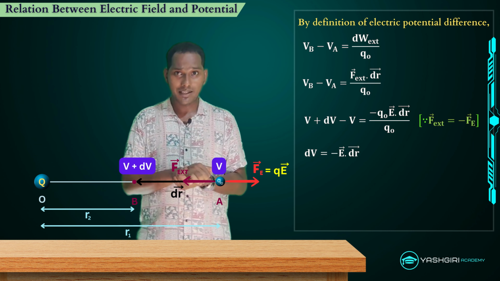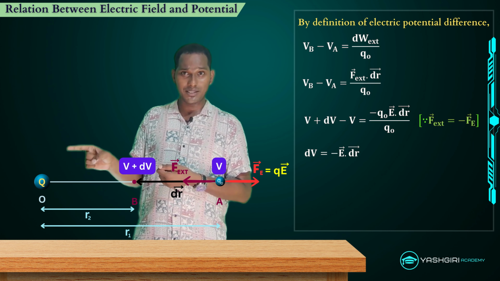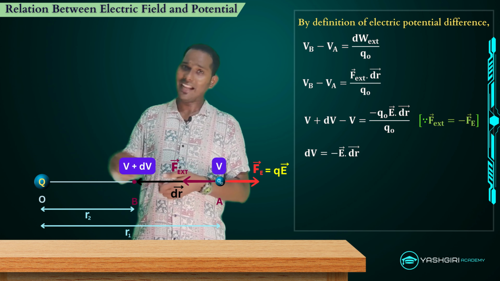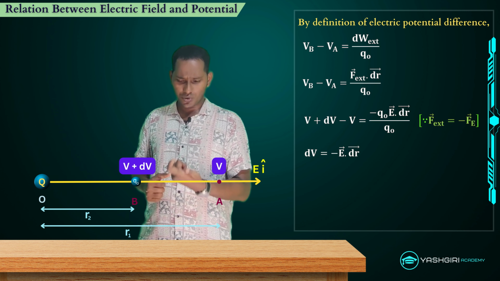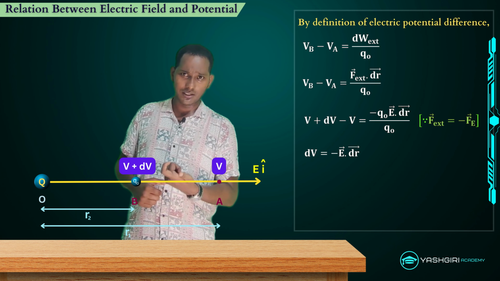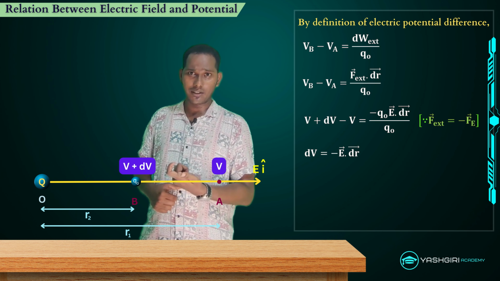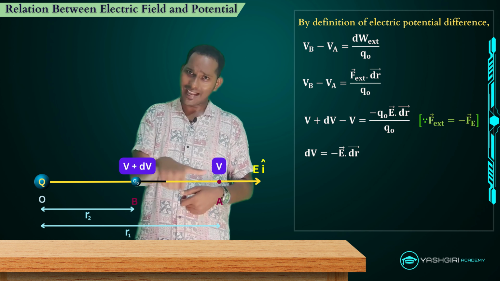But students, since the charge q is at the origin, the electric field will be along the x-axis. Let me choose the vector dr, with its component also along the same x-axis.